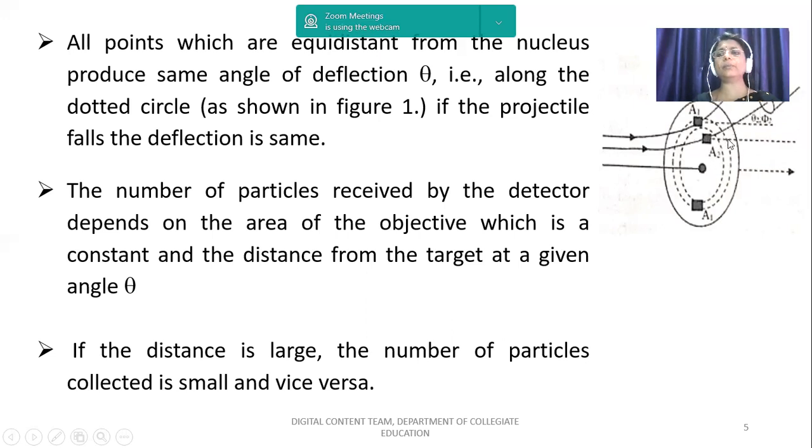The larger the distance between the detector and the point of incidence on a particular zone of influence, the smaller the number of particles collected by the detector, as the area of cross section of the objective of the detector is constant and it depends only on the distance between the target and the detector position. So if the distance is large, the number of particles collected is small, and vice versa.